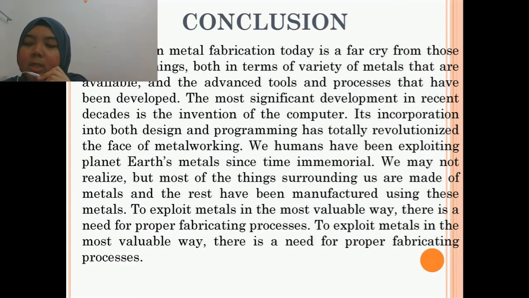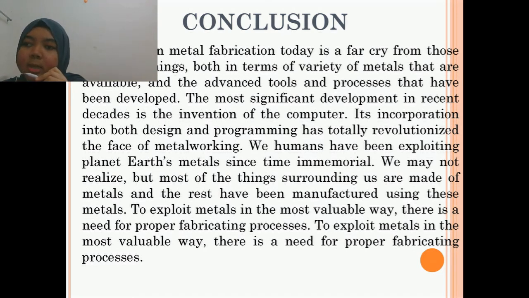The most significant development in recent decades is the invention of the computer. Its incorporation into both design and programming has totally revolutionized the face of metalworking.